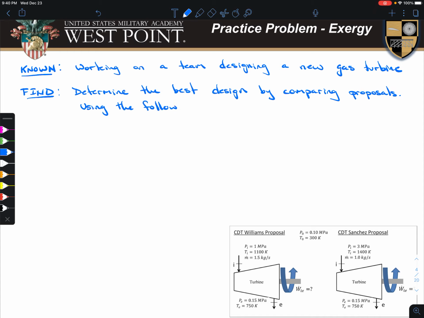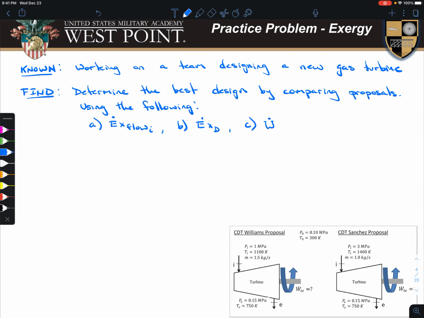Part A, we need to find flow exergy at the inlet of both designs. Part B, we need to find the rate at which exergy is destroyed for both designs.